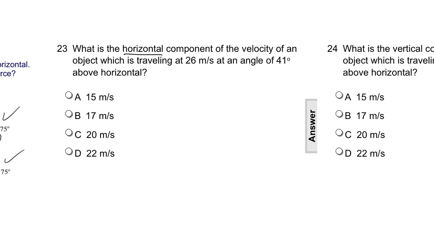Okay, so eventually you don't even have to draw this. So 26, and you go 41, and they want the horizontal component only.